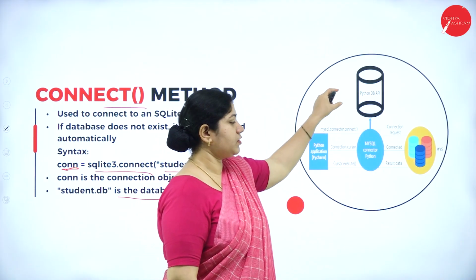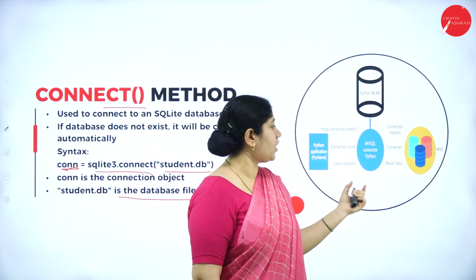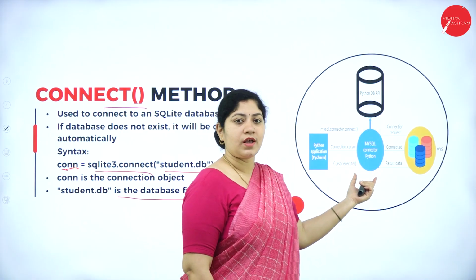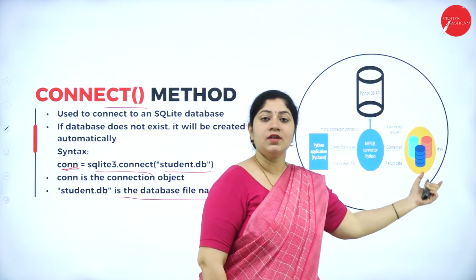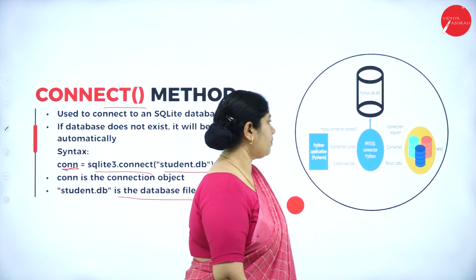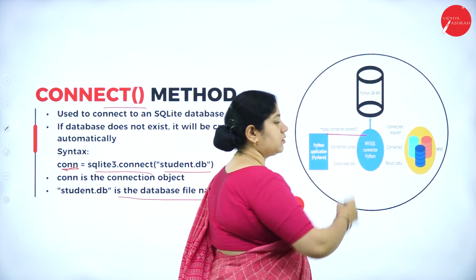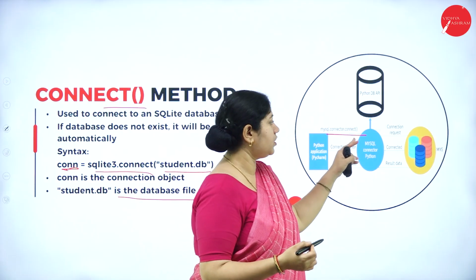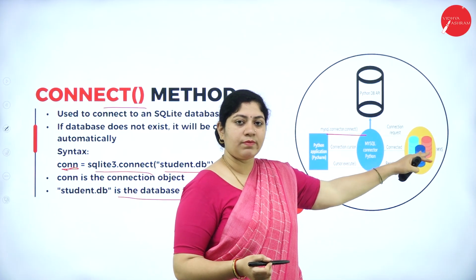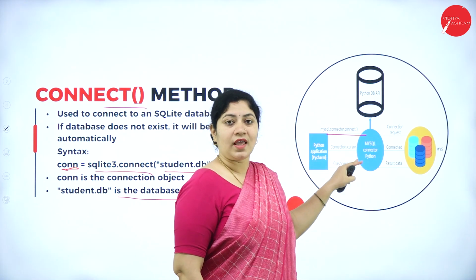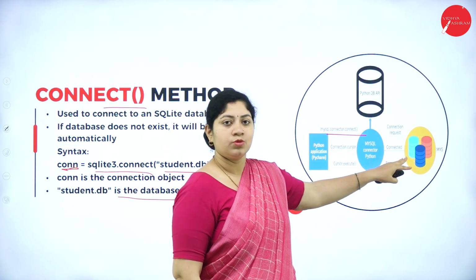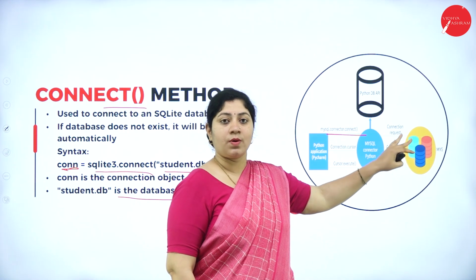And over here we have a small representation of this method. We have a Python application, the MySQL connector for Python, and a database. Through connect, which has been initiated, a connection request is forwarded to the database. Next, it has to reply whether it is connected or not connected.